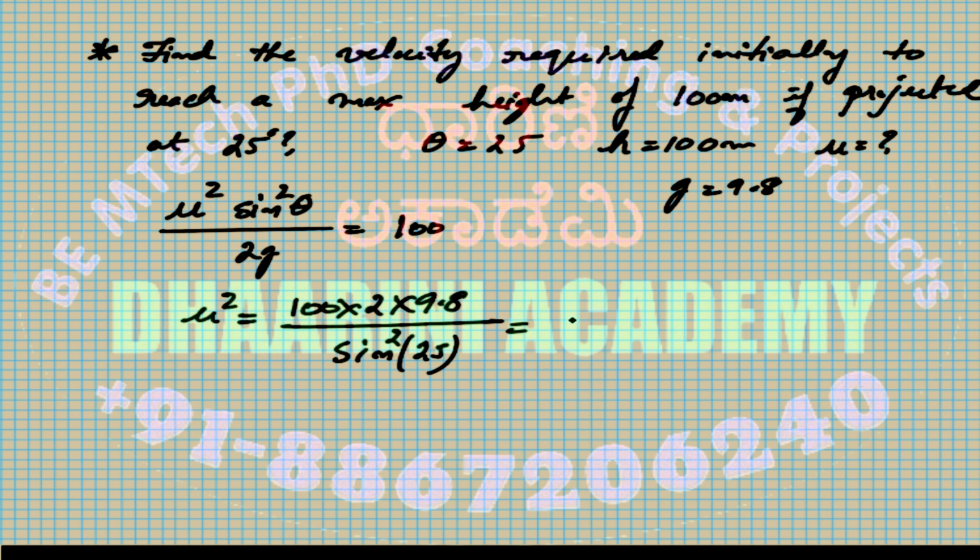Okay, this u square comes to be 10,973.86. So I want u, so find the u. That is, u is equal to 104.75 meter per second.